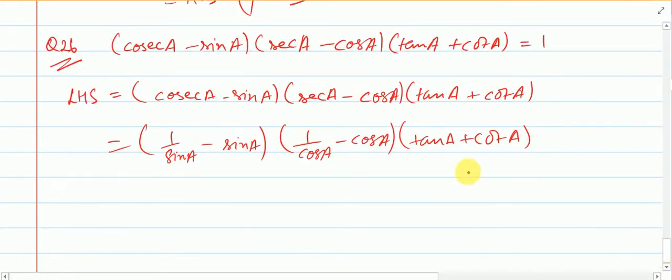We can write this as 1 by cot A, no problem.